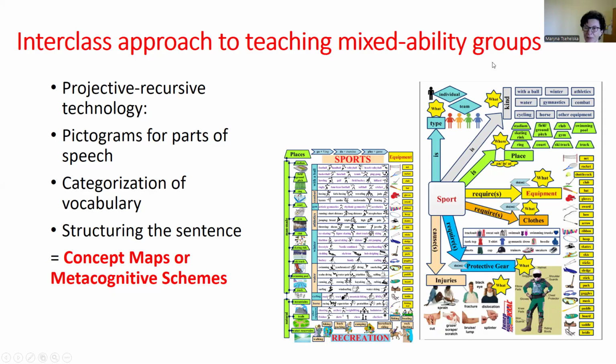With the help of such a concept map or metacognitive scheme, we get the projection of the language, but we also get the recursion. It means that for describing one sport, our students don't need to learn all the words by heart.